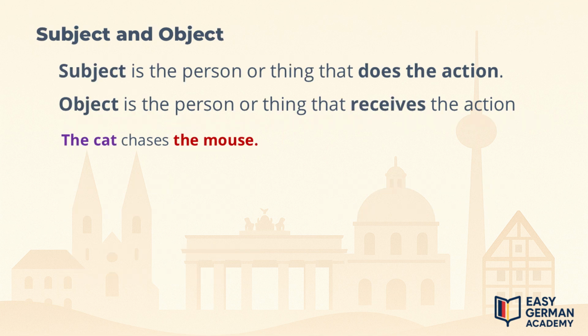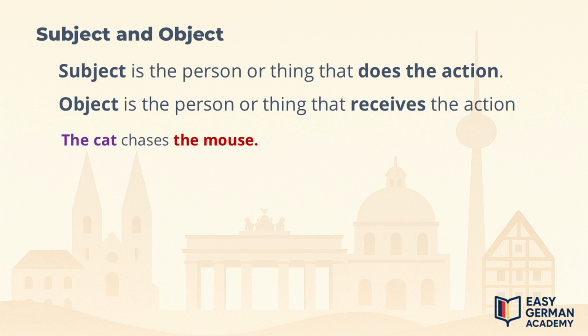All right, before we jump into the nominative case, let's quickly clear up two important words you'll hear a lot: subject, object. So what's the subject of a sentence? It's the person or thing that does the action. And the object? That's the person or thing that receives the action, the one something is being done to. Let's take an easy example. The cat chases the mouse. The cat is the subject.